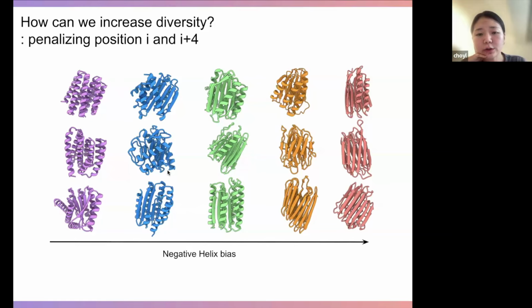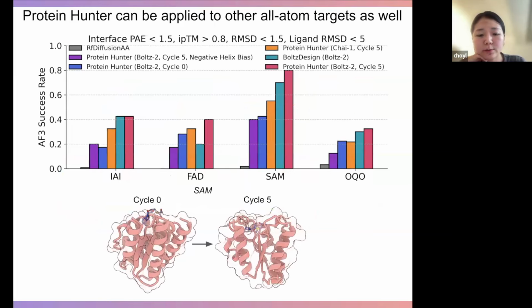So I thought it could be pretty cool if we can design binders towards small molecules, also giving this negative helical bias as an input to the model. And as you can see at the bottom, when I add more helical bias, I could achieve these alpha-beta mixed proteins for this small molecule binder, also with a high success rate.